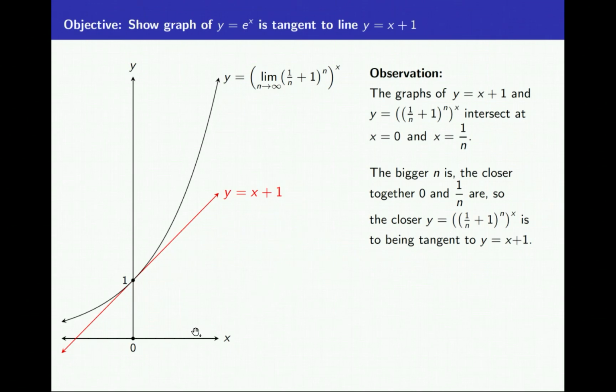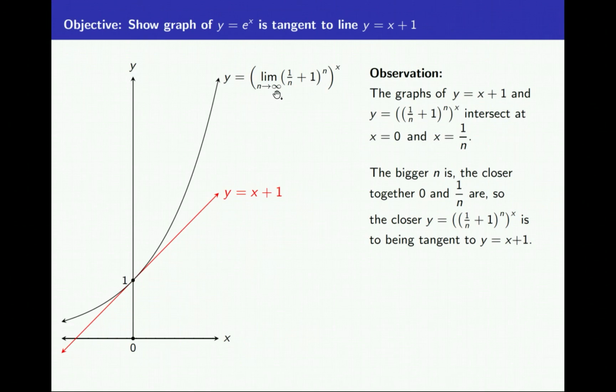These 2 points, 0 and 1 over n, approach each other, since 1 over n approaches 0, and we get just one intersection point. So the exponential function y equals this limit to the power of x, you'd have to conclude, is tangent to the graph of y equals x plus 1.